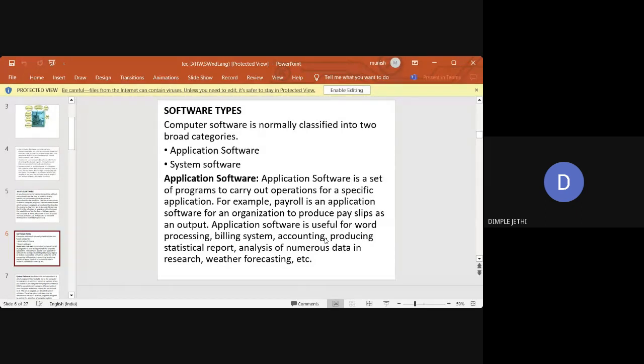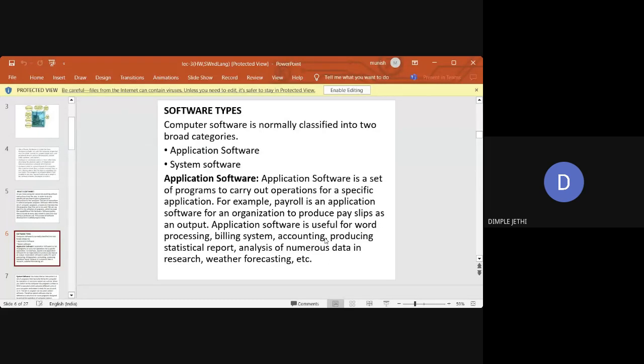If you are in accounting departments, you need some accounting software like Tally, or maybe you have some other softwares in your country. For salaries and payroll you have different software. It depends on whether you are in printing or marketing, which area you're working in, and according to that you use these softwares.